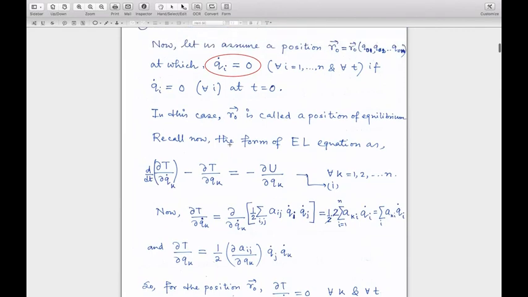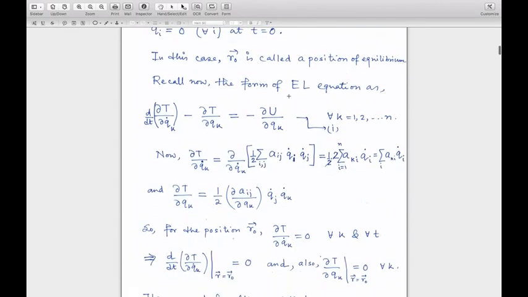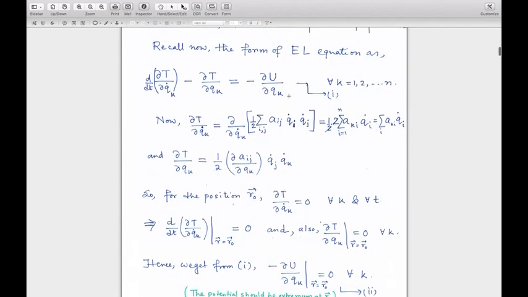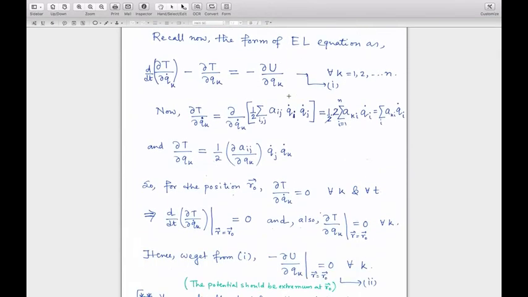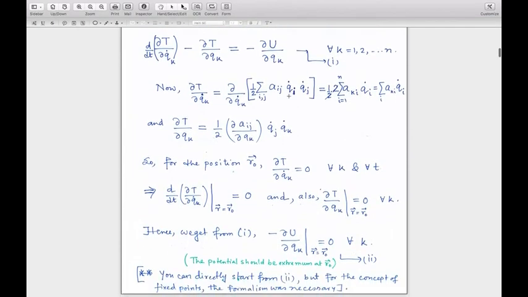And that is the definition of r0. Actually here we are assuming the case where the initial velocity is made to be 0.